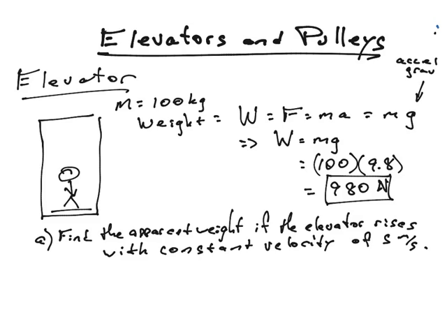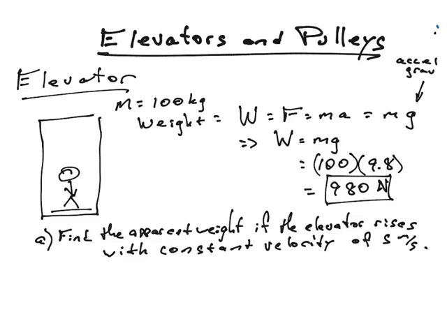Okay, all three of those terms or statements are the same. Your apparent weight means how heavy do you feel, not how heavy are you, but how heavy do you feel because of your motion. And it's also the same as saying, if you were standing on a weight scale, what would the weight scale say your weight is?